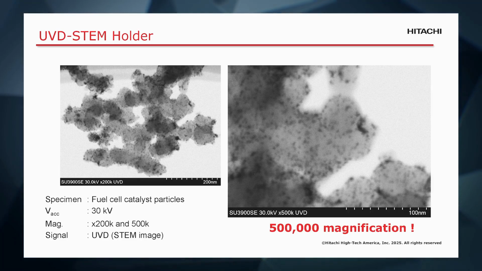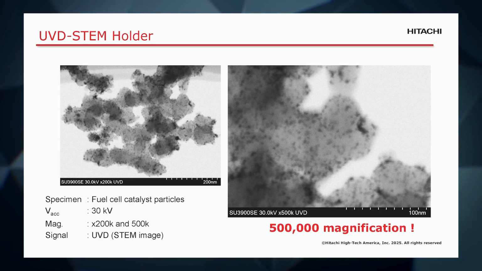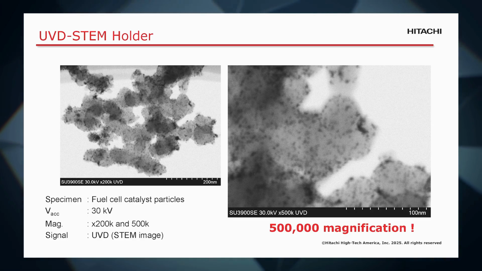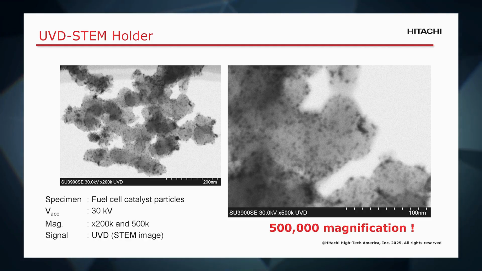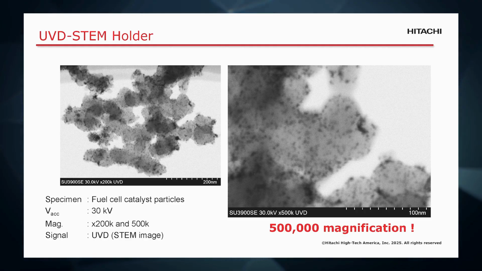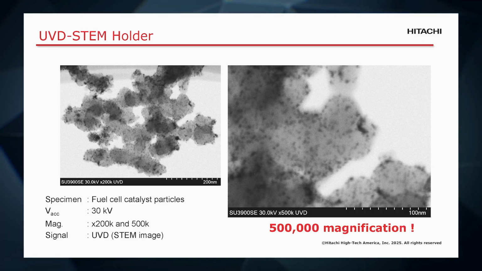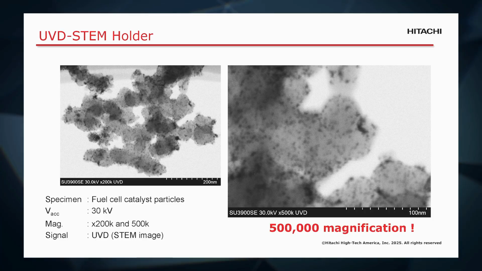The sample is a fuel cell. We captured images at 200,000 magnification and 500,000 magnification. As you can see, we can clearly observe the fine structure of the nanoparticles even at this magnification range. So this shows that the UVD STEM system is suitable for nanoscale analysis.